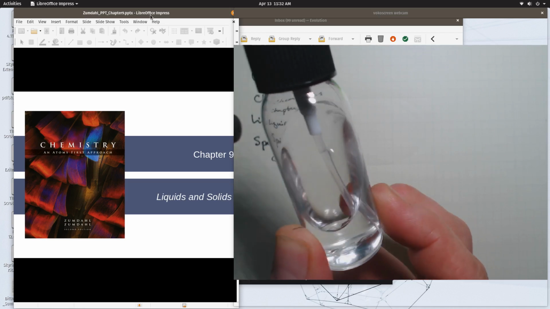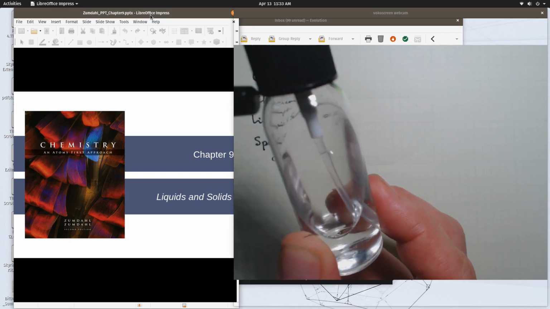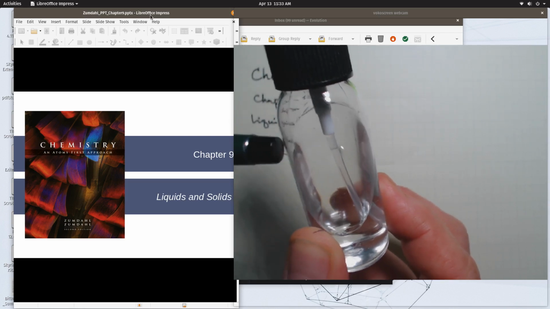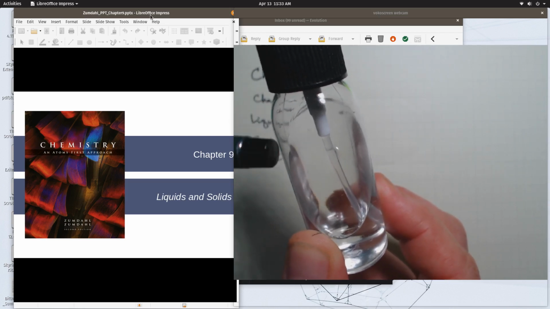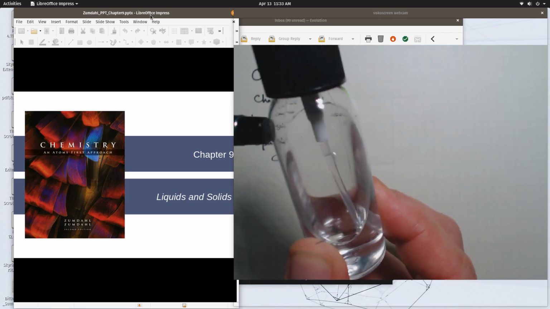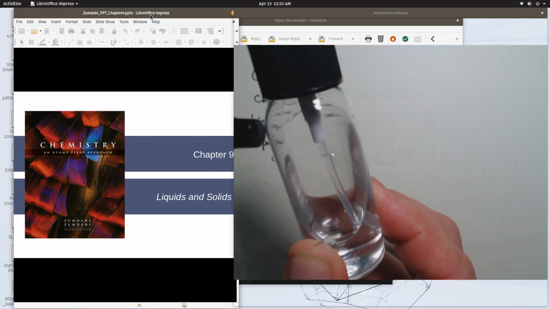From what we talked about last time, there's a partial pressure of ethanol above this. If you open this up and smell it, you could smell the alcohol, and the water vapor that happened to be latent in the air.